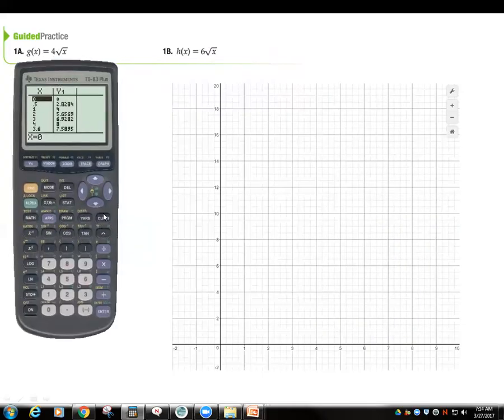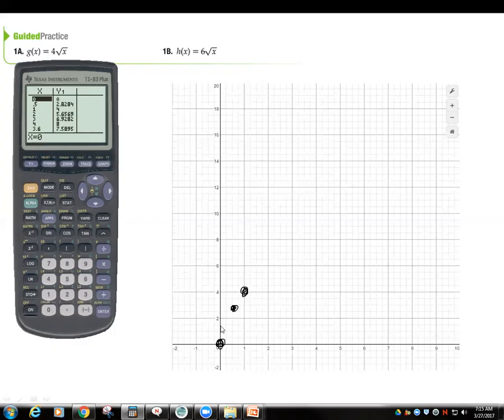So 0, 0 right here, and then 0.5, 2.82, so it'd be right about there. Then 1, 4 is right about there.